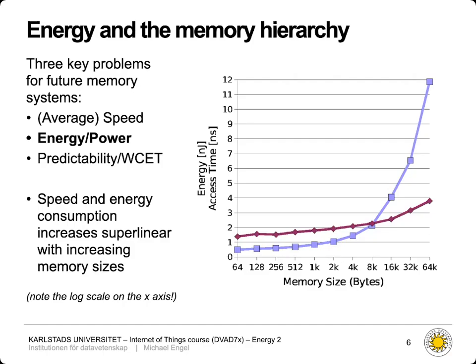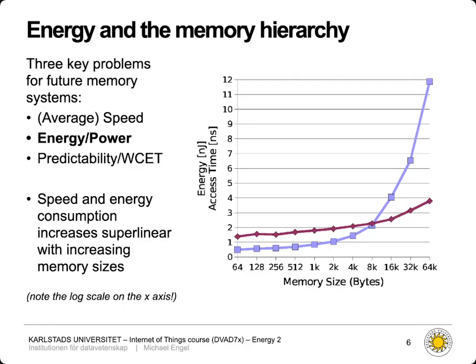So it's very hard to predict how long a memory access, a read or write to, for example, a DRAM memory actually takes in your system. And this is especially critical if you want to build real-time systems, which rely on a property we call the worst-case execution time in order to keep to all the deadlines that are imposed by the physical environment.